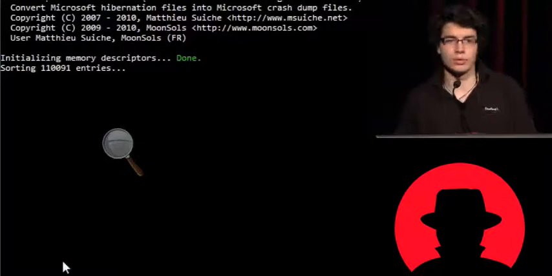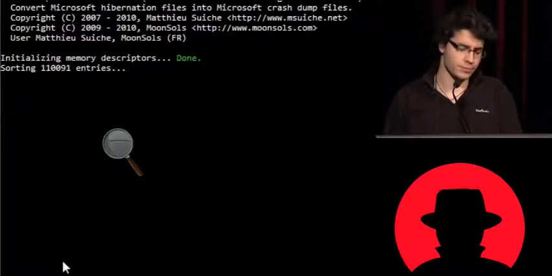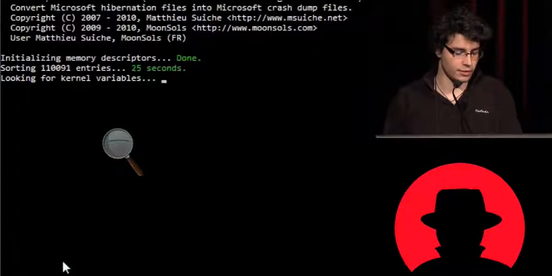So firstly, the tool has to sort every entry. In this case, it's pretty long because it's a really big file, I think a 4 gigabyte hibernation file. So it will take around 30 seconds or so, yeah, 25.